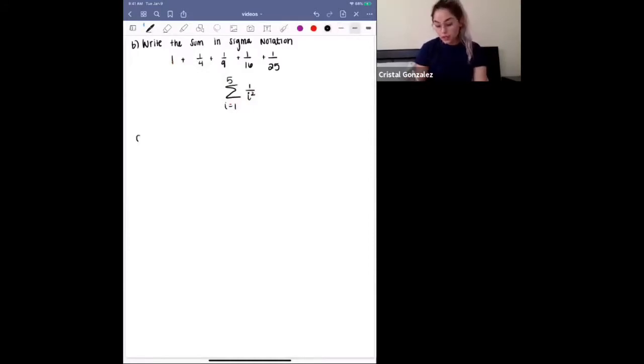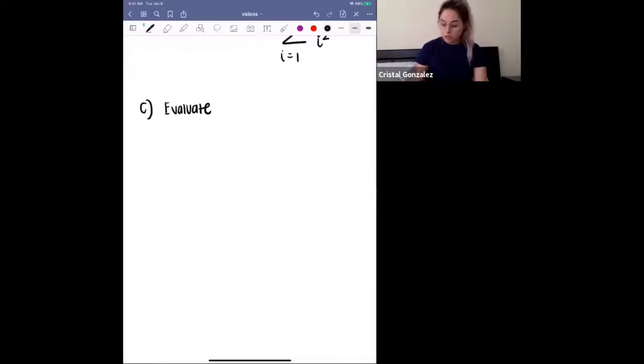So for example C, we are going to evaluate, let me zoom in a little bit, the sum of k times k plus 1 over 2, for k equals 1 to 5.